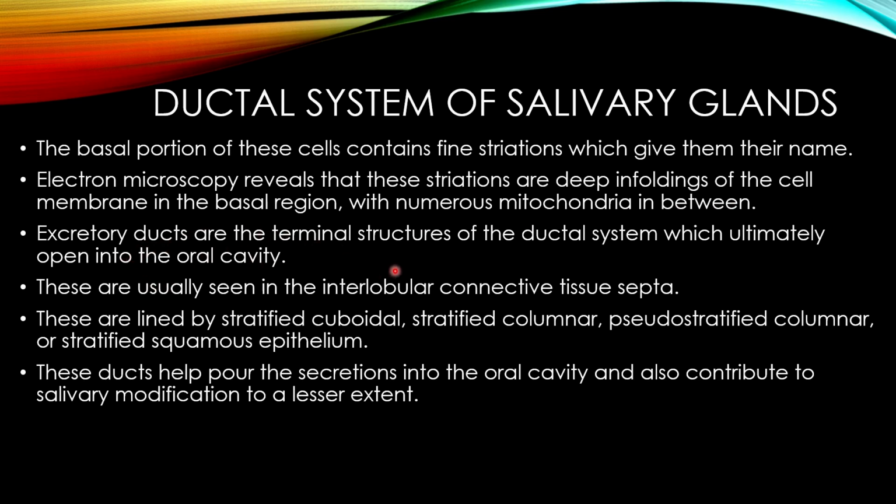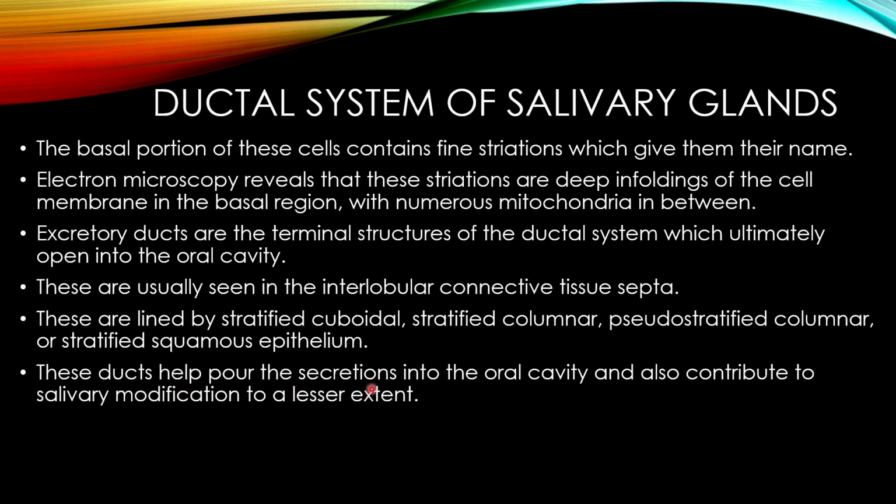Excretory ducts are the terminal structures of the ductal system which ultimately open into the oral cavity. These are usually seen in the interlobular connective tissue septa, the fibrous septa. These are lined by stratified cuboidal, stratified columnar, pseudostratified columnar, or stratified squamous epithelium. These all are in one.